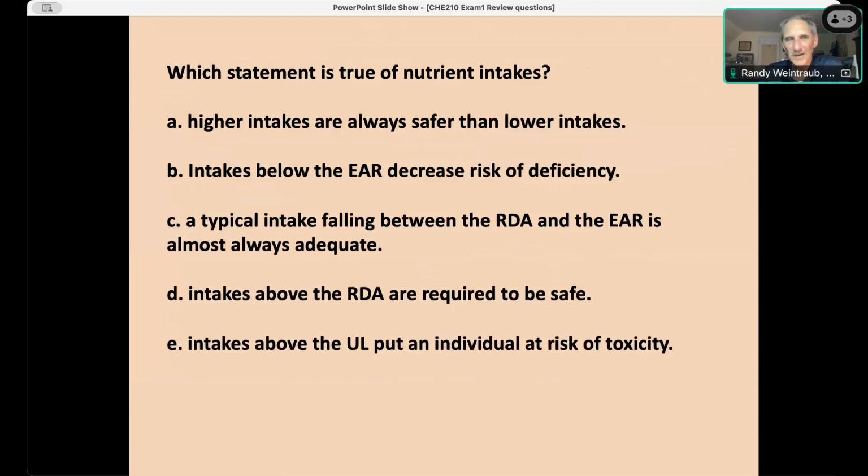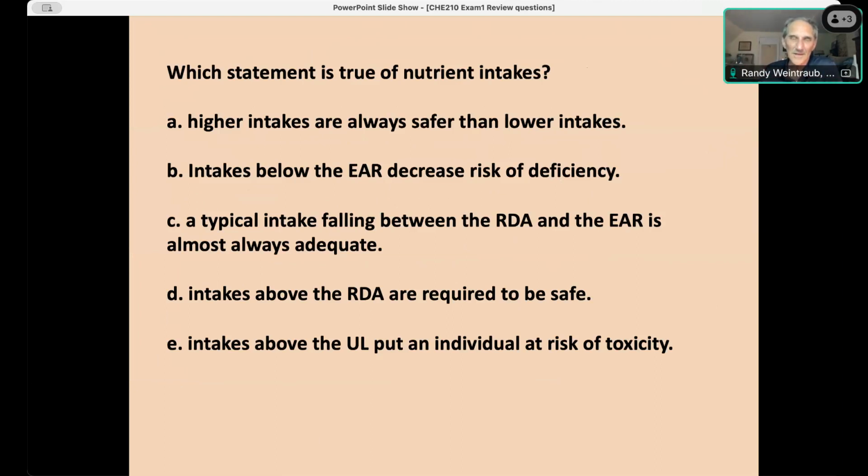Which statement is true about nutrient intakes? Let's see, high intakes are always safer than lower. Intakes near the EAR, the estimated average requirement, decrease the risk of deficiency. If you remember, they show bell curves. The estimated average is right in the middle of the bell curve. Some populations don't need all that, and some need more.